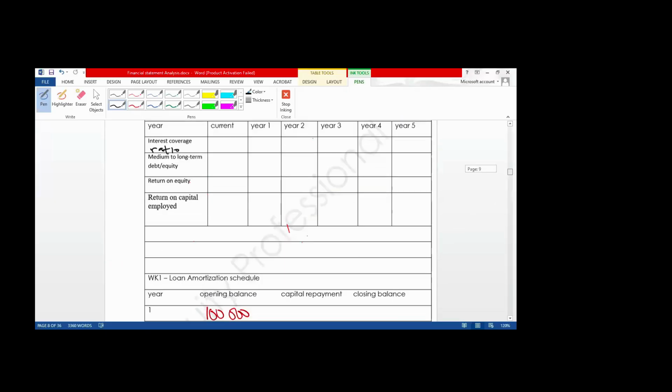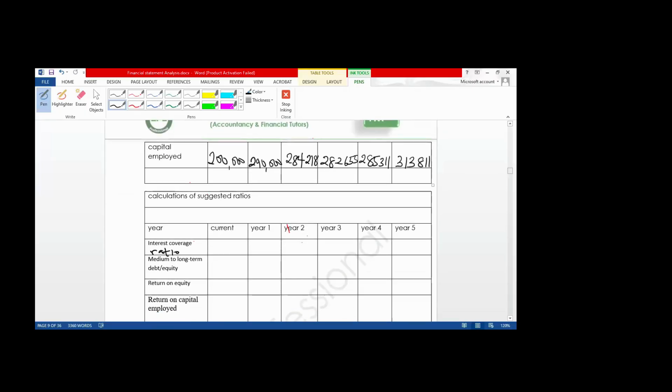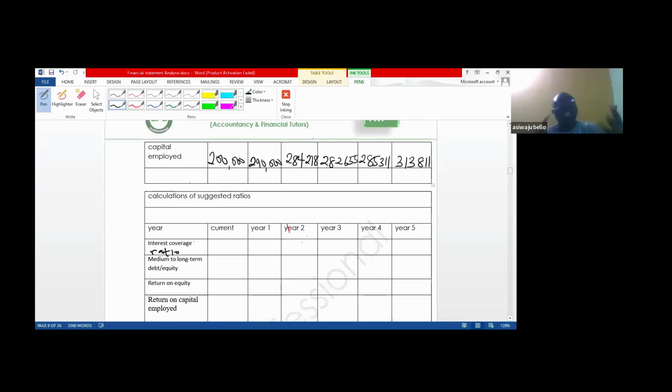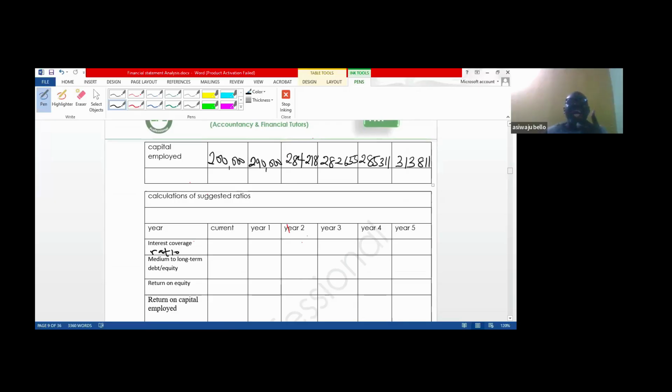That means you have added share capital plus equity reserves. Equity reserve is retained earnings.